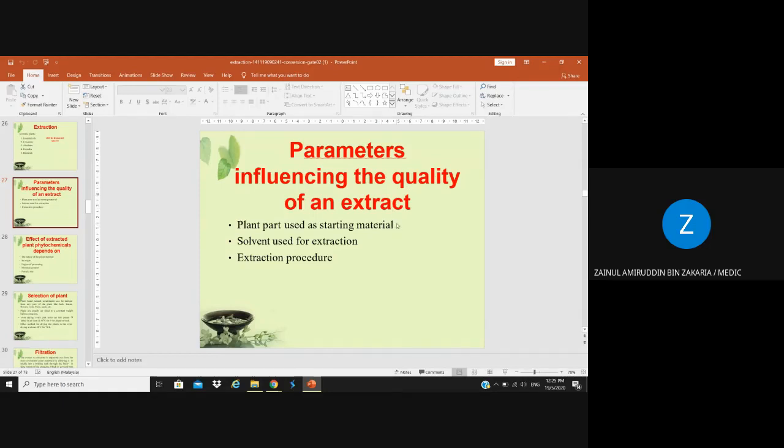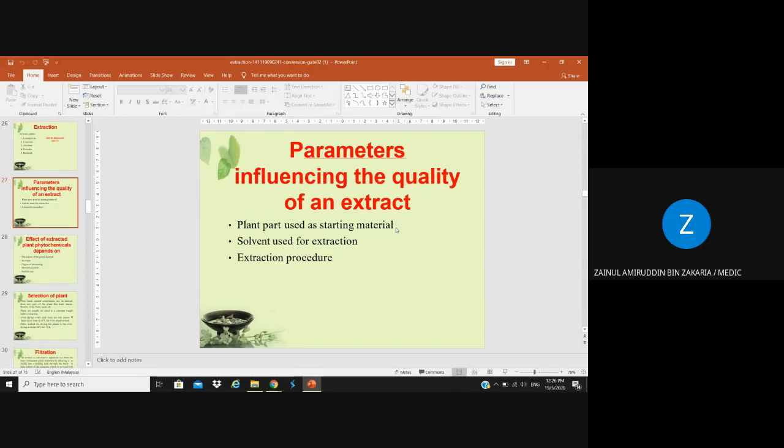So what you need to do when you do medicinal plant research, first, you need to know what is the traditional usage of the plant extract. Normally, how did the people traditionally use the plants?